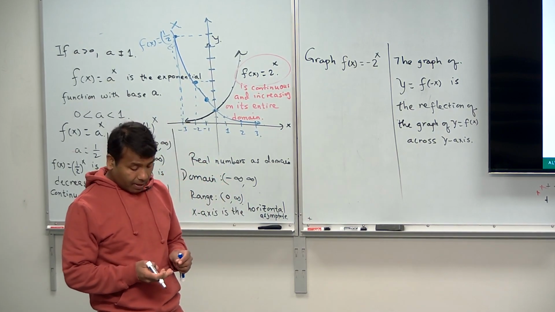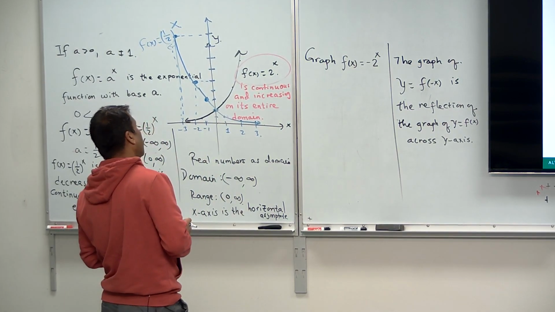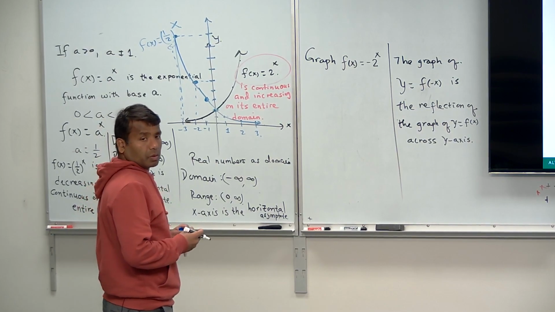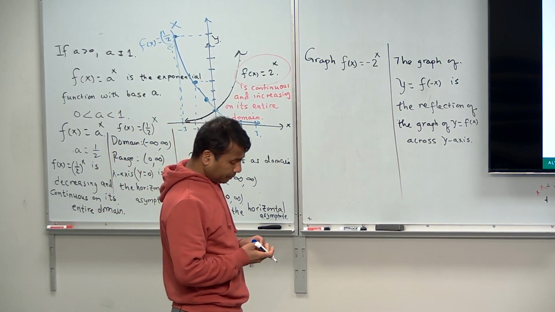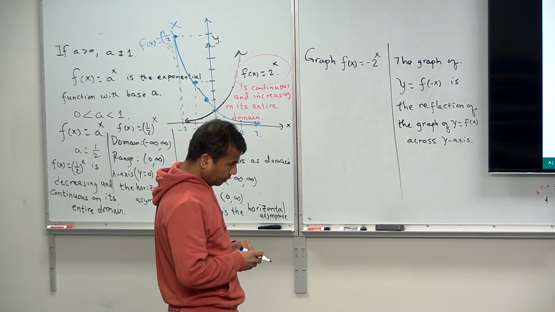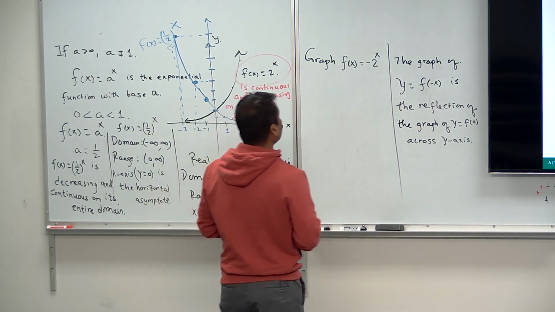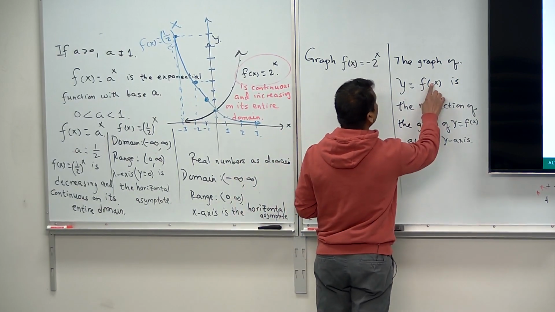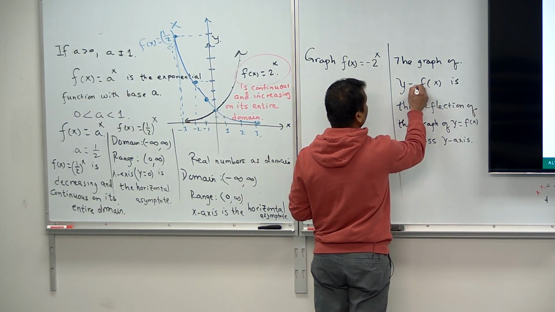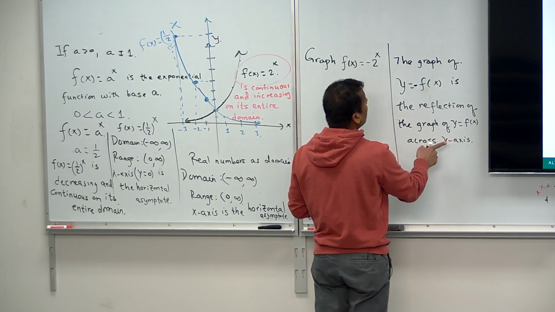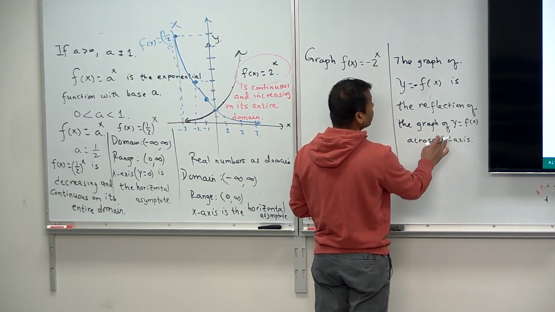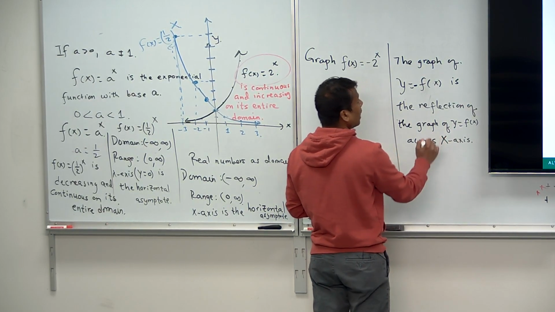So you need to graph f(x) equal to negative 2 to the power x. So remember that the graph of y equal to negative f(x) is the reflection of the graph of y equal to f(x) across x-axis.